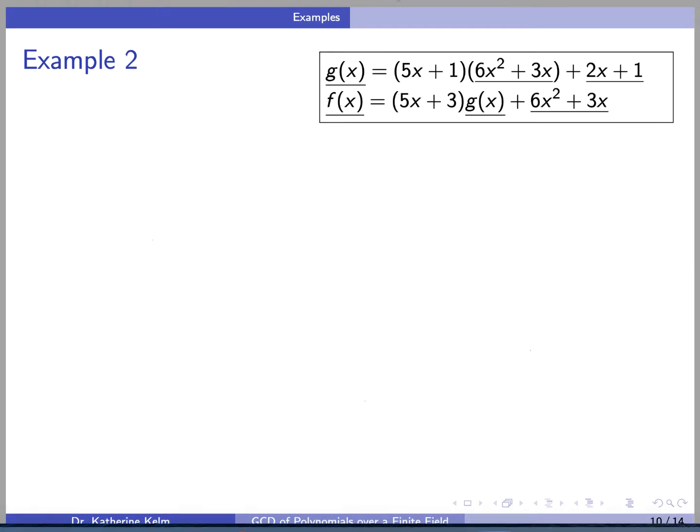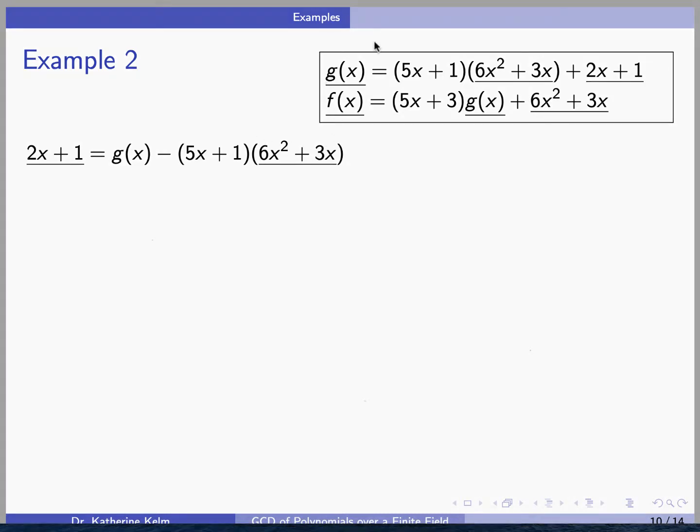Okay, so here are the steps that we took in the previous part, and we will use these to calculate our linear combination. So first, using this equation, I'll call this equation A, we can see that 2x plus 1 is equal to g of x minus the quantity 5x plus 1 times 6x squared plus 3x.